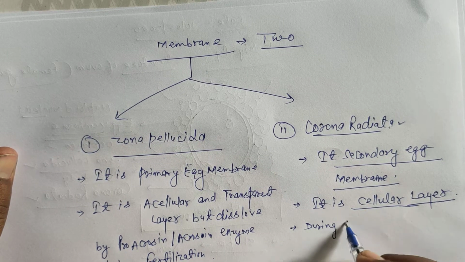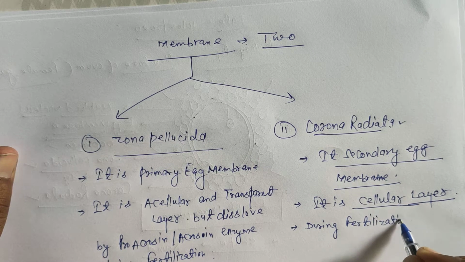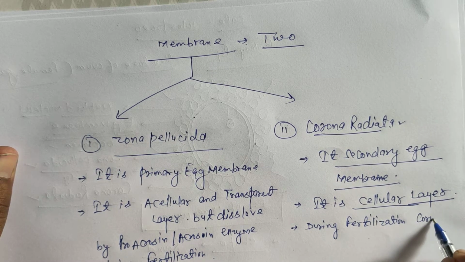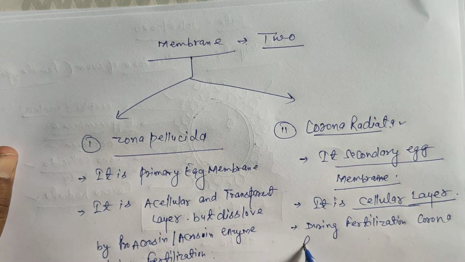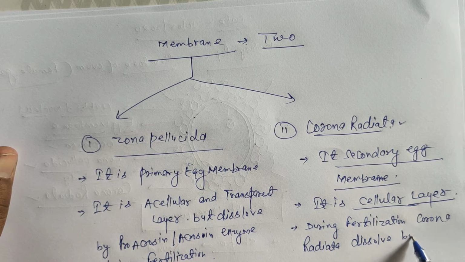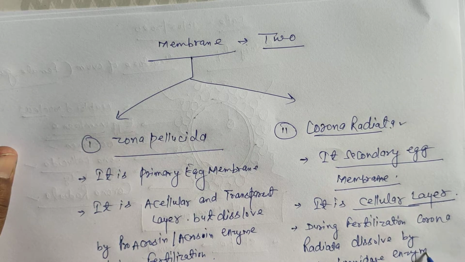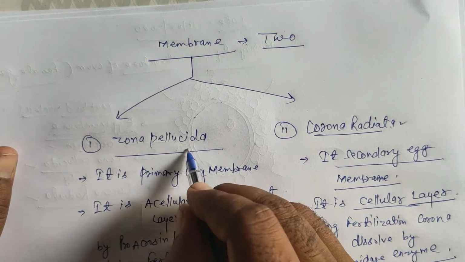Next, during fertilization, corona radiata is dissolved by hyaluronidase enzyme. Second, location.